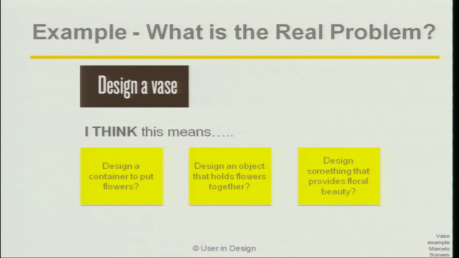Perhaps we look at it some more, think about it some more and say, maybe we should be designing something that provides floral beauty. So I'm sure you can appreciate the difference that's happening as we go along this path, thinking about the vase and saying, well, what does it really mean that I need to design? A container, an object that holds flowers together, design something that provides floral beauty.